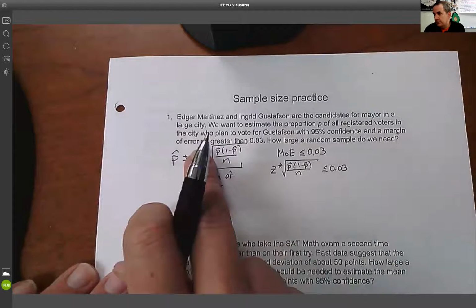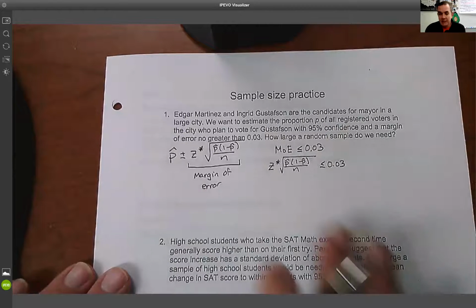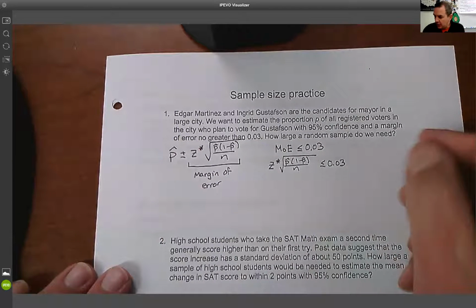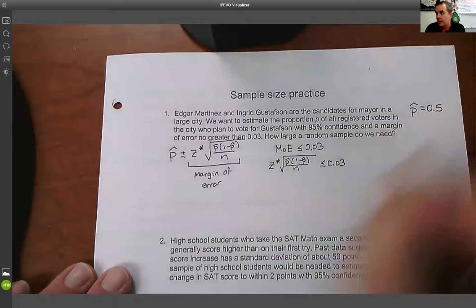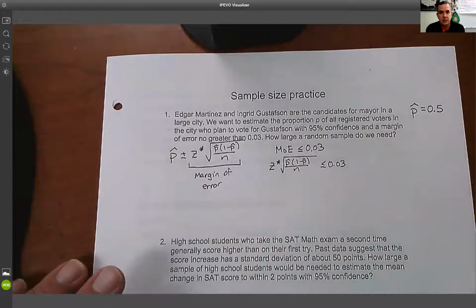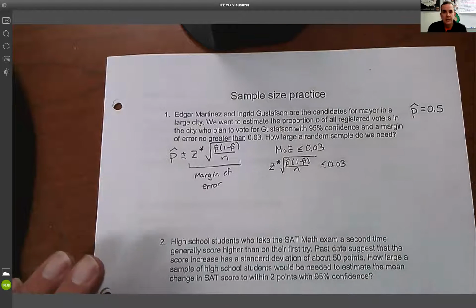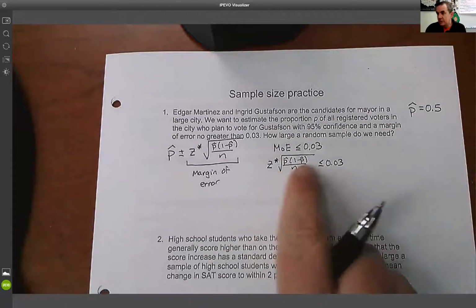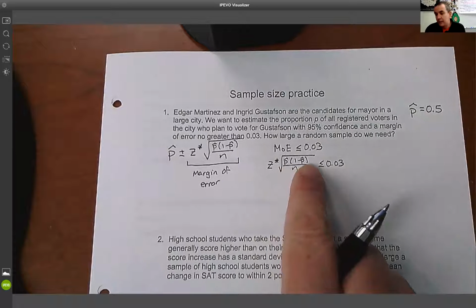So we need to know what Z star is and we need to know what P hat is. The first thing I'm going to do is look in the problem and see if P hat is referenced at all. Since P hat is not referenced in the problem, what we use is the default proportion of 50%. The reason is 50% will give us the largest potential sample size that we need, because when you multiply 0.5 times 0.5, you get 0.25 up top.